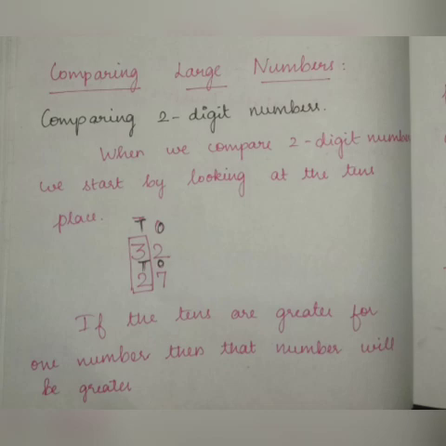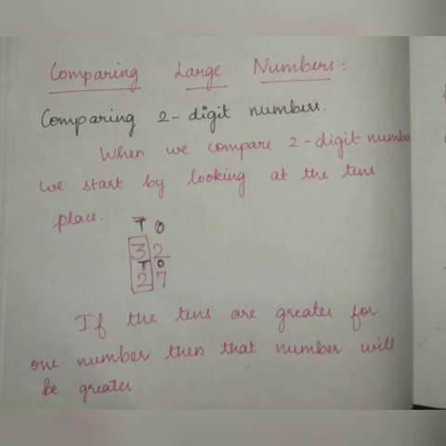Okay, so see here, we have discussed how to compare 2-digit numbers. When we are comparing 2-digit numbers, we have to start from the left side. If it is a 2-digit number, you have to compare the tens place first.